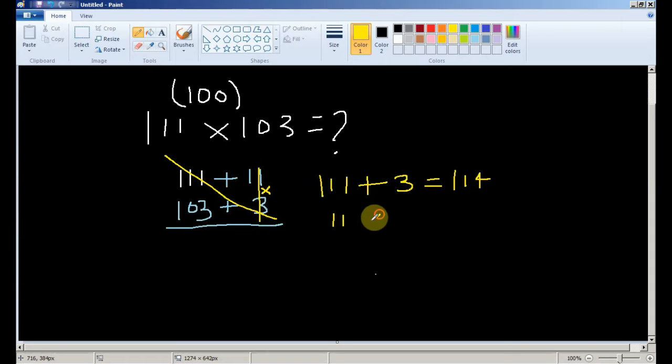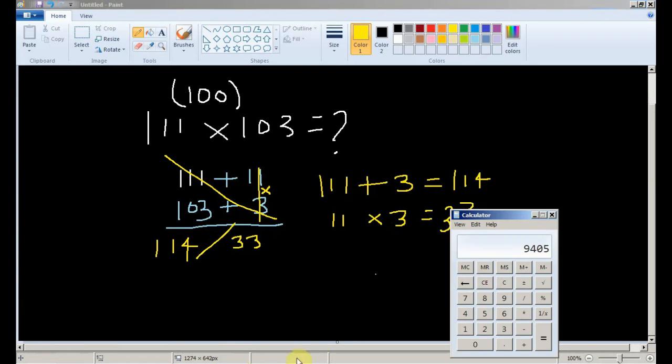So 11 into 3 will give me 33. So my two parts are over. This part is 33 and the other part is 114. This way you can easily get the answer.